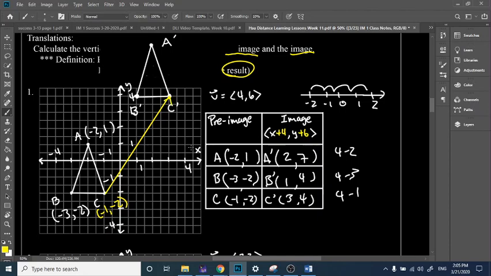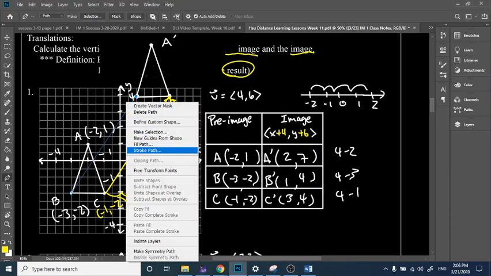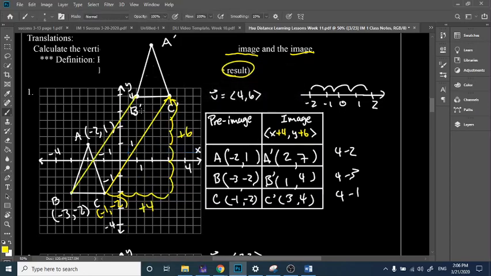That is the vector 4 comma 6, because it's 1, 2, 3, 4, 1, 2, 3, 4, 5, 6. So technically, you could just draw that on each point, but trust me, it's going to be a lot easier to not do that. And then it's going to be the same thing here also. It's 4 to the right, 6 up.